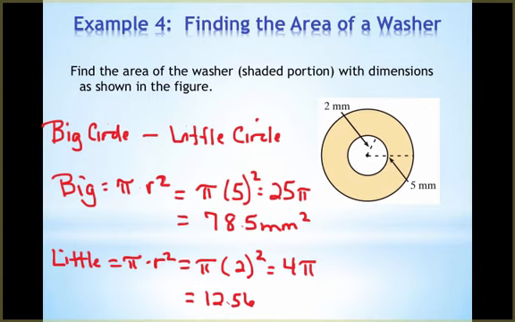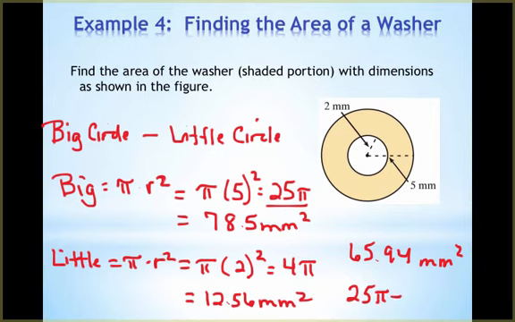So if I take 78.5 minus 12.56, I would get 65.94. And that would be square millimeters. Now, we could have also kept these in terms of the exact answer by subtracting 25 pi minus 4 pi, which would have given me 21 pi.